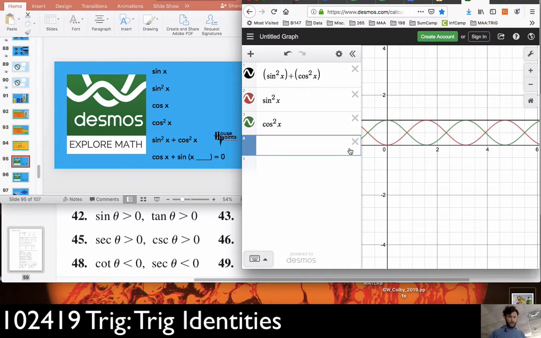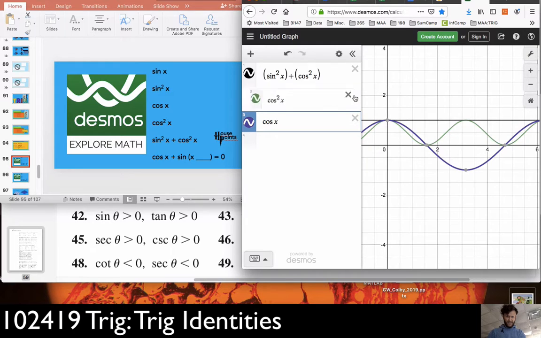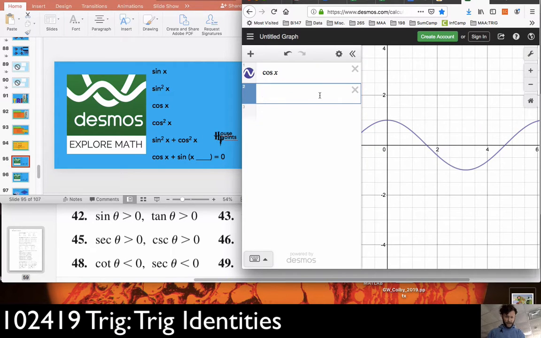So let's see here. We've got cosine x, let's get rid of these. We've got cosine x, sine x. What are we going to do? What if we want to get this such that if we added the black curve to the purple curve, what are we going to add or subtract to theta so that the two of them always equal 0?